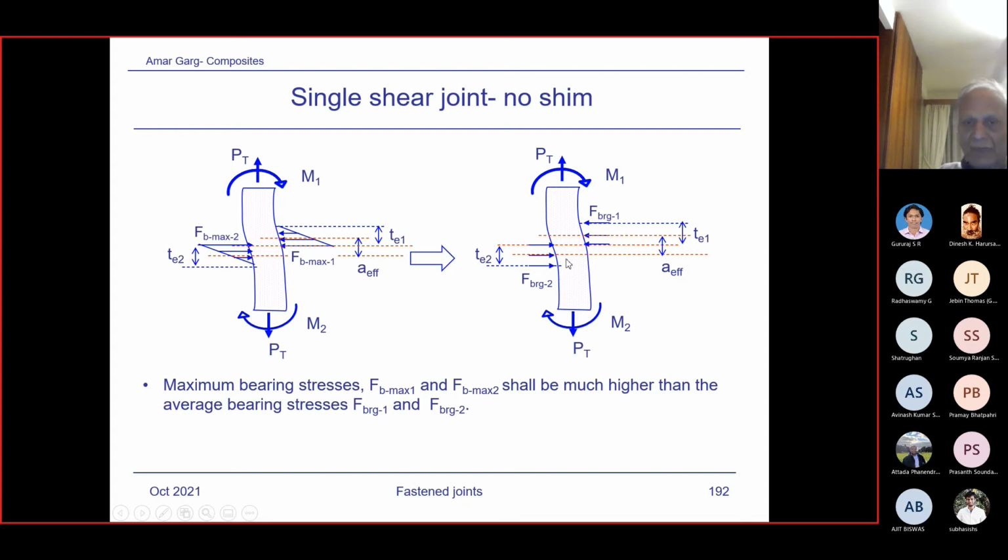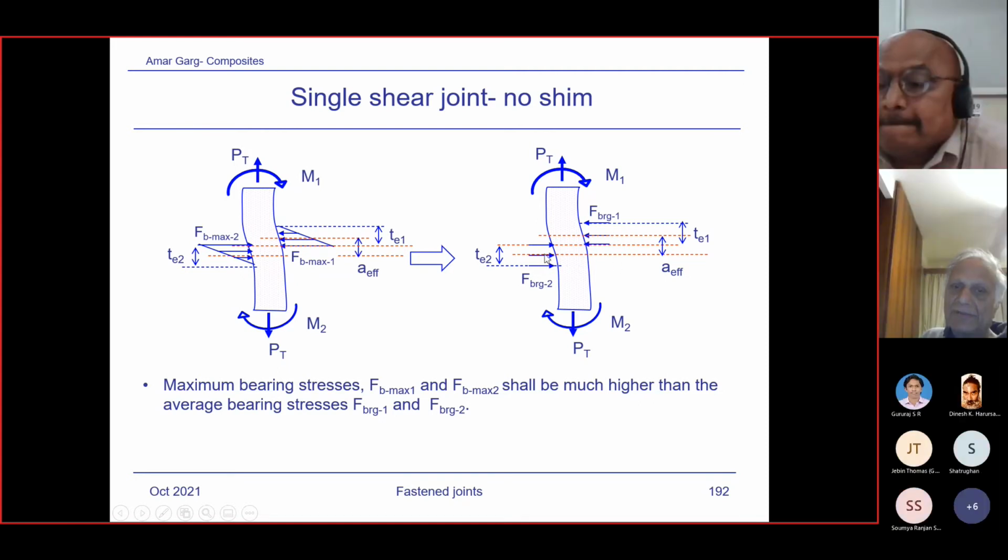And so I've shown, okay, within the effective thickness, we consider the constant stress in this region. This is the effective thickness, and this is the effective thickness. And the moment arm then will be from here to here.